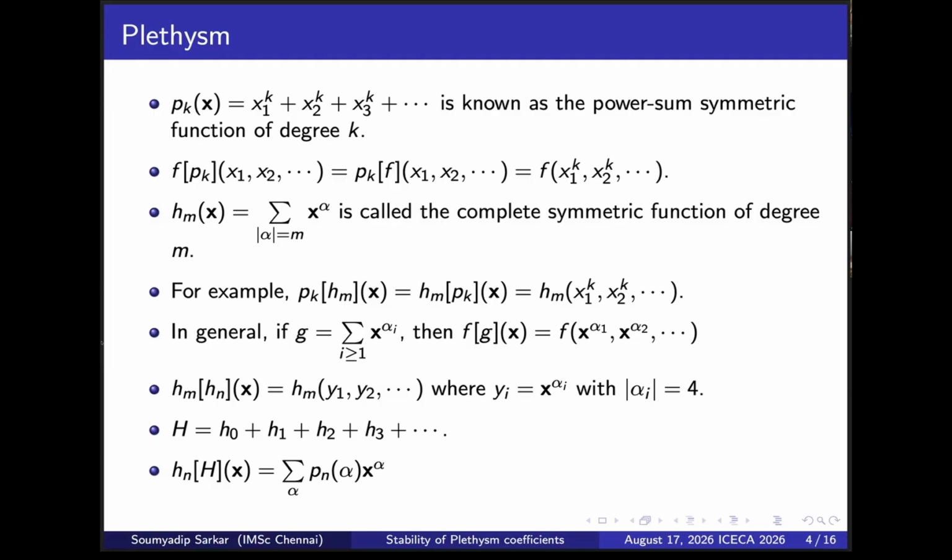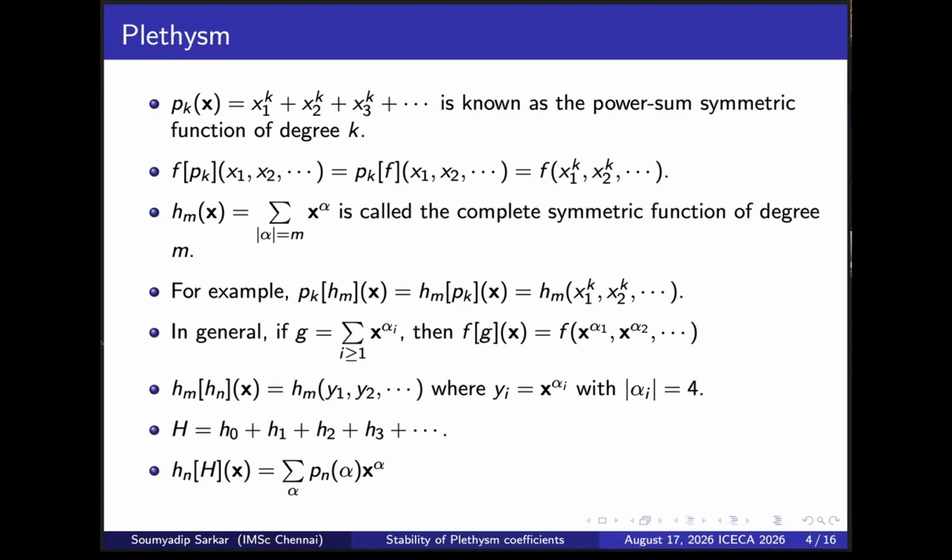And what is capital H? Capital H is the sum of all h_i's, where i runs from 0, 1, 2, 3 up to infinity. So this is not really a symmetric function technically, but it is in the completion of the ring of symmetric functions. And then what is h_n plethysm capital H?